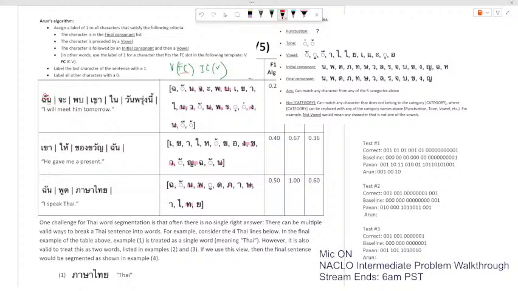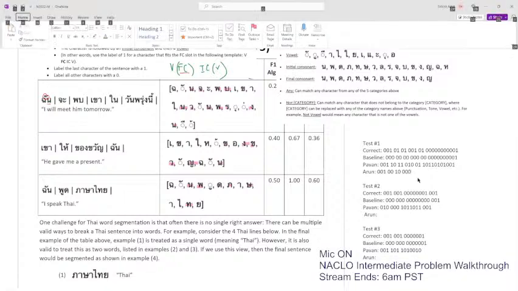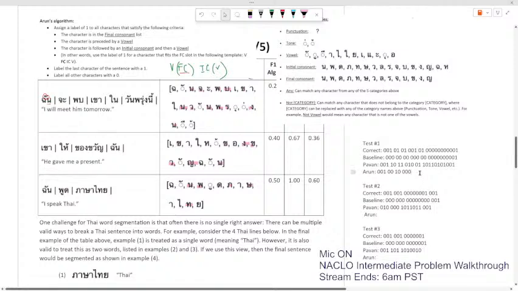This one is a final consonant preceded by a vowel followed by a vowel. So it's not going to work. All three of those are zeros. Oops, what was that? Space. What am I doing? Okay, we have 0, 0, 1, 0, 0, 1, 0, 0, 0, 0.